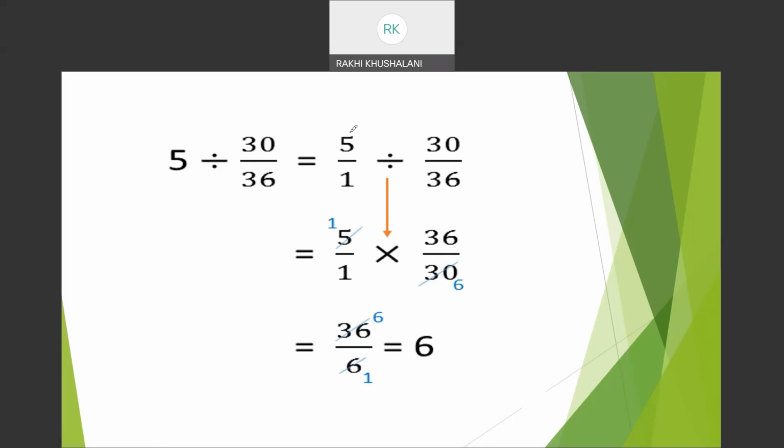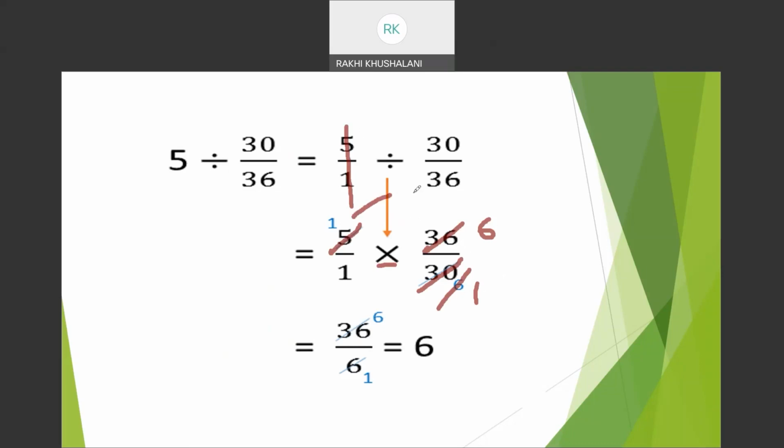So as I said, keep, change, and flip. And the cancellations part I want to repeat. 5 multiplied by 1 is 5. 5 multiplied by 6 is 30. Again, 6 multiplied by 1 is 6. And 6 into 6 is 36.